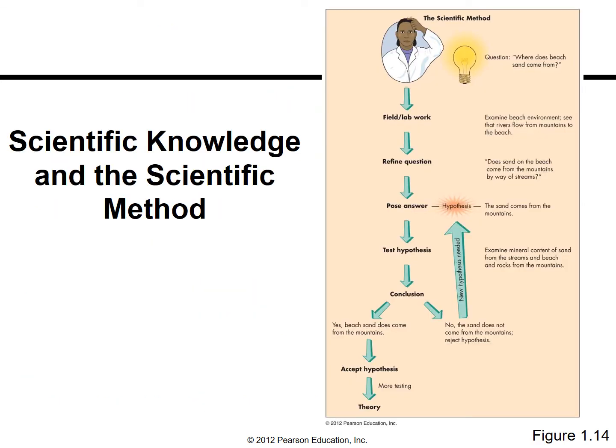Environmental issues, let's remember that we're going to be looking at the accumulated scientific knowledge that comes from the application of the scientific method. I expect all of you are familiar with the scientific method, but Figure 1.14 describes the process, how hypotheses could be subjected to testing, and based on the outcome of the testing can either lead to a refinement of the hypothesis, an acceptance of the hypothesis, or a rejection of the hypothesis.